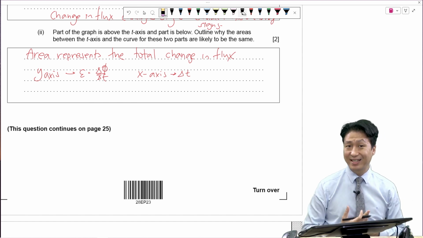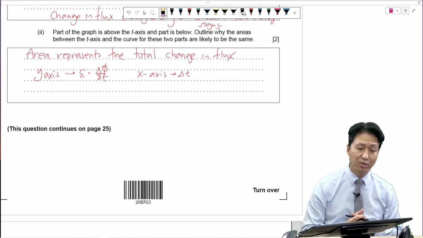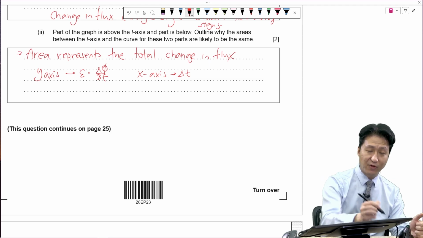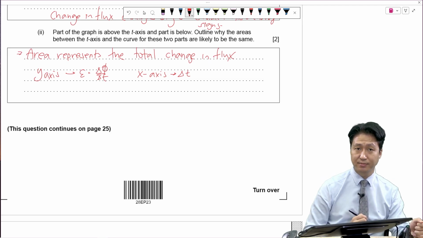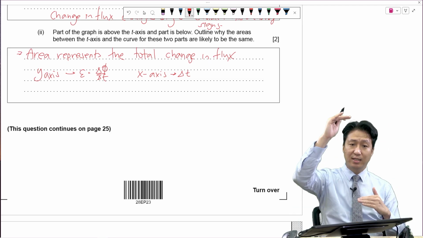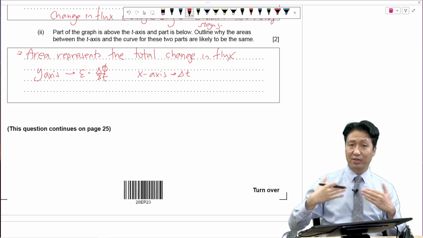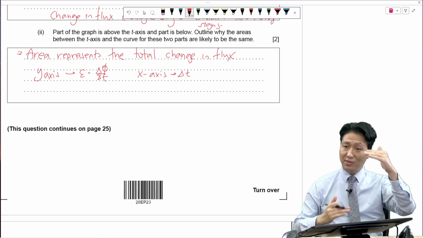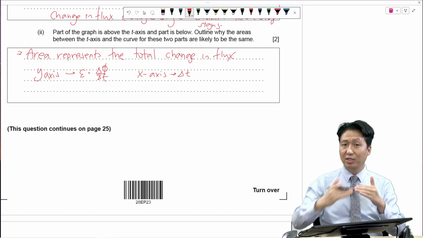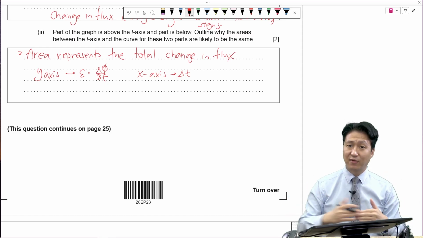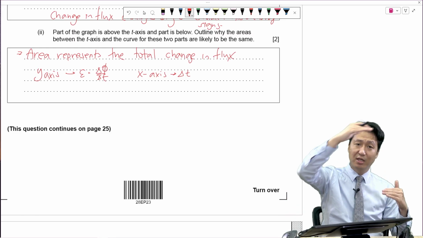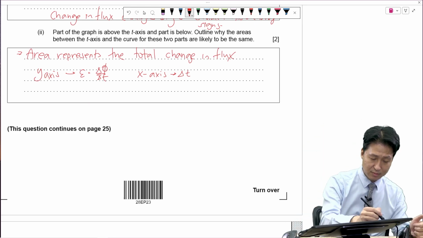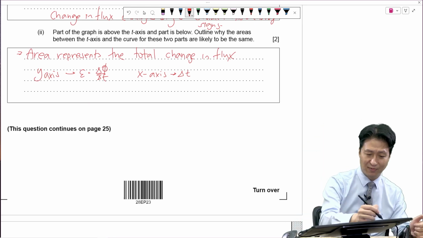Now, you should not write this as part of your answer. This is just an explanation so you know why this first statement is true. So, as the magnet approaches, the flux increases, and it will increase equal to the area. When it leaves, the flux will go back to 0, so the decrease is the same. So if you increase by 10 Webers, you will decrease by 10 Webers as well, because flux is in Webers.